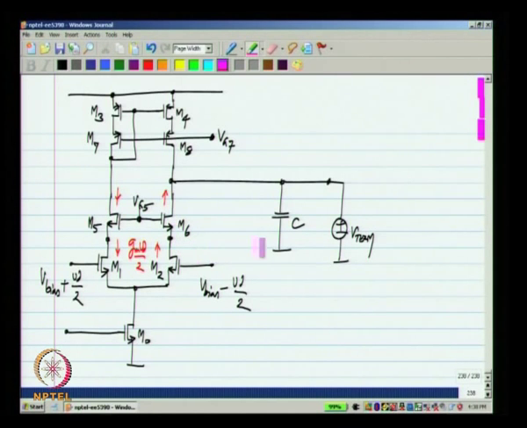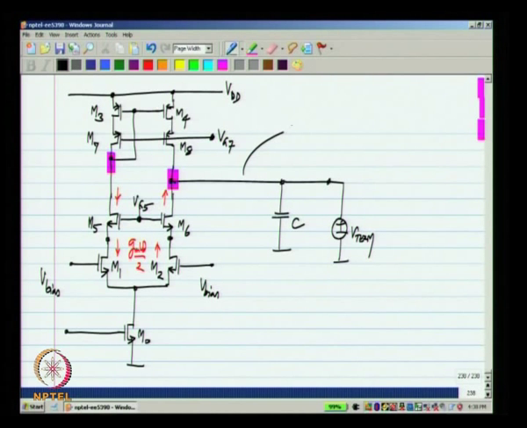Now, in the quiescent condition, when the two inputs are at V bias, because of symmetry this voltage and that voltage will be exactly the same. That is, the drain of M6 and M8 will be the same as the drain of M7, and we can use the arguments that we used earlier with the other circuit. If we assume that it is any different, we will come up with a contradiction. So, this voltage will be exactly the same in absence of any mismatch.